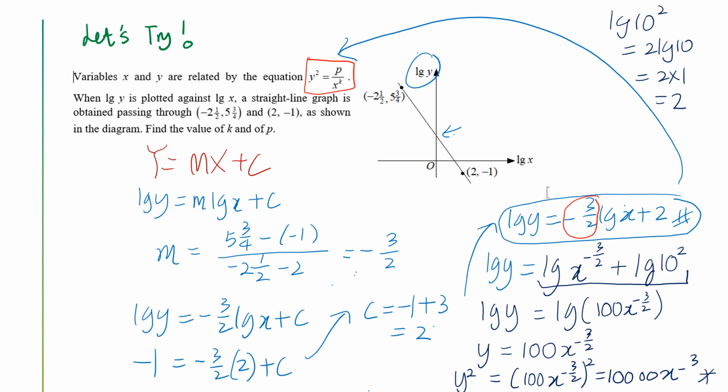Okay, I need to continue here. So I will have y squared equals 100,000 over x to the power of 3. And if you compare with what you're given, okay, the value of p will be 100,000 and the value of k will be 3.